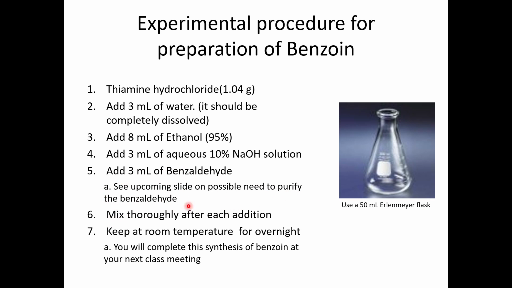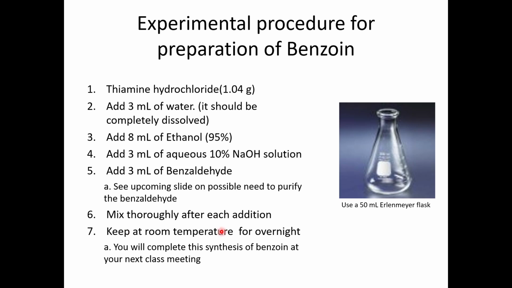After that, you're going to mix thoroughly after each addition, stirring very well. Keep at room temperature overnight. This reaction is actually very easy because you just mix everything and then just keep the reaction going, not overnight, because you never have a lab from one day to another.